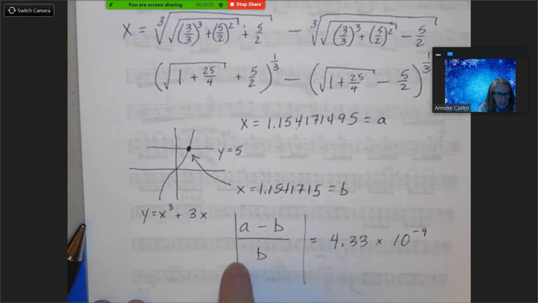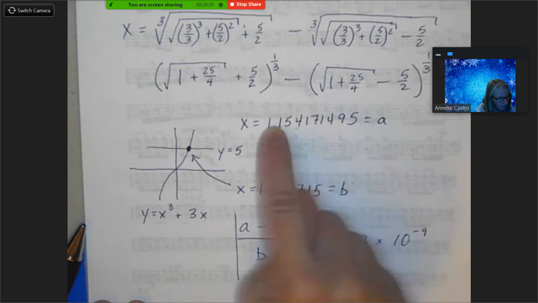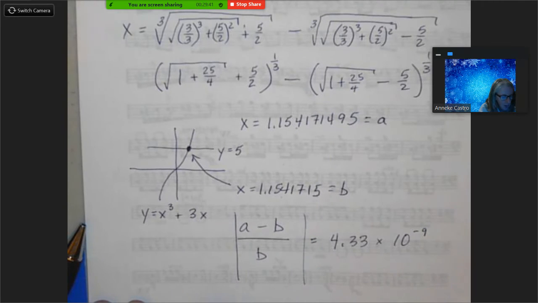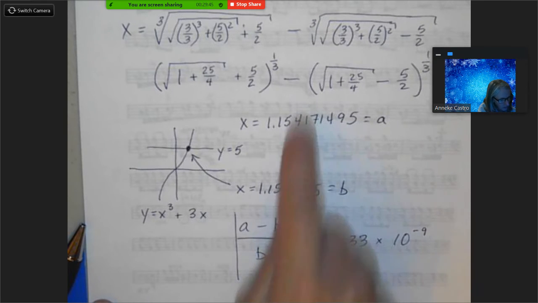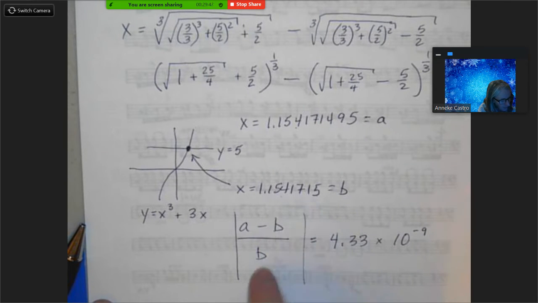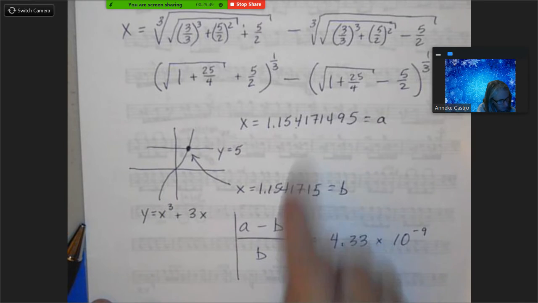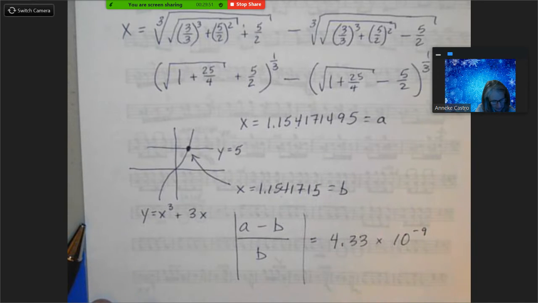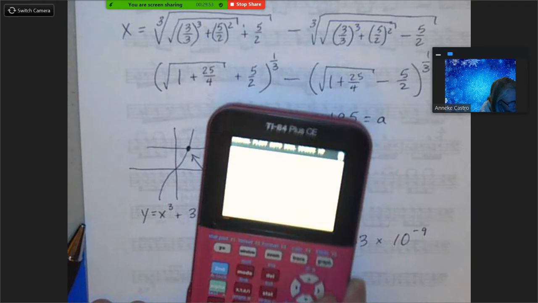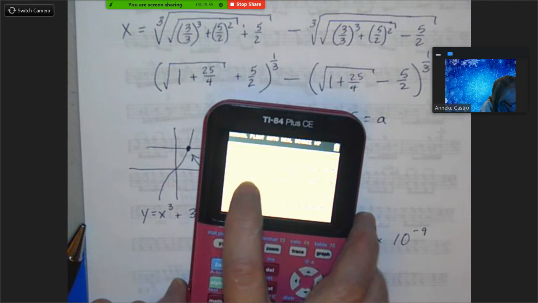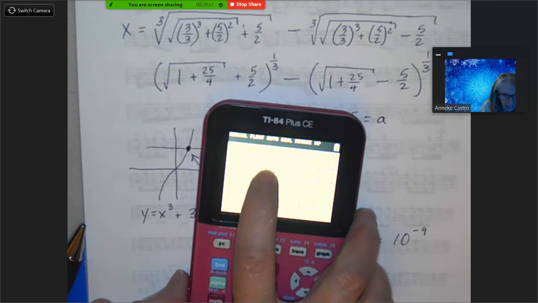But I did it the other way where I divided by this value and it still gave me the same answer. So here's the answer that I got when I divided these. So I subtracted these two values and then I divided by this value. And then I did it again and I still got pretty much the same answer. So here it is where I divided by the technology answer.